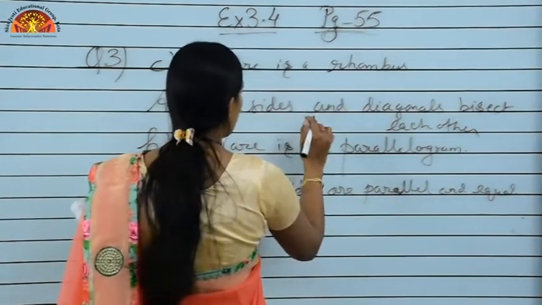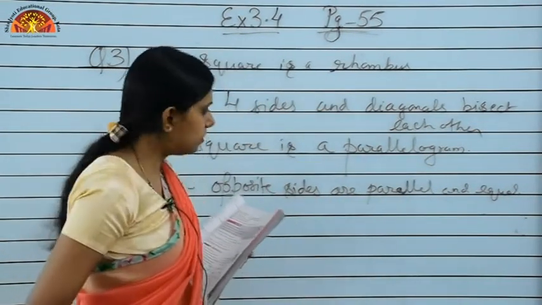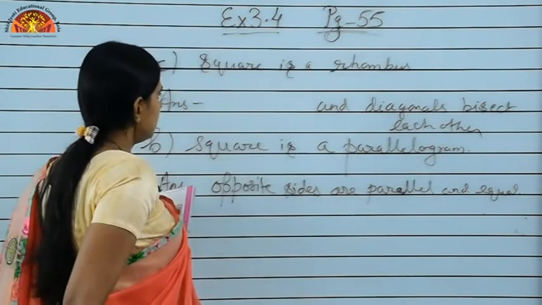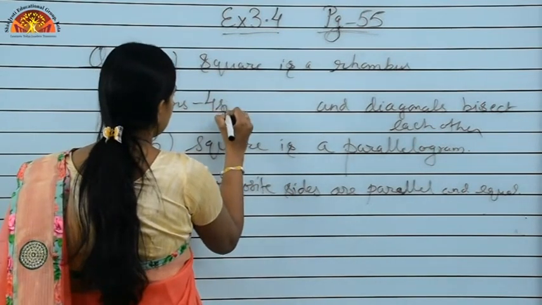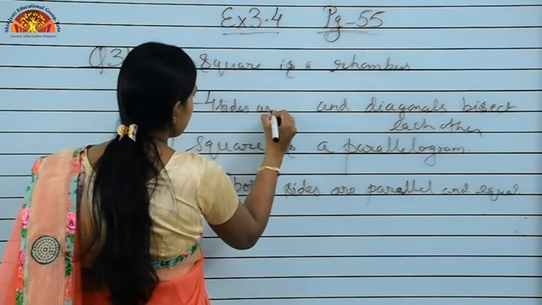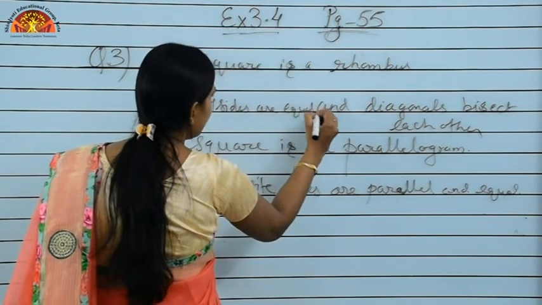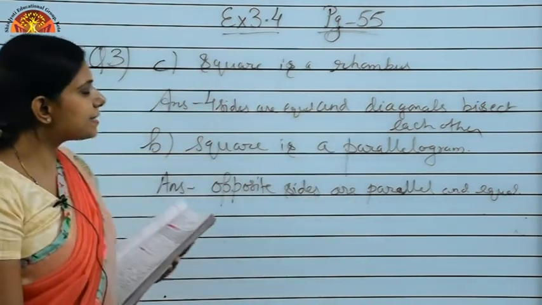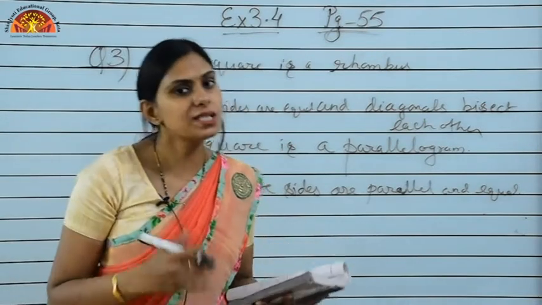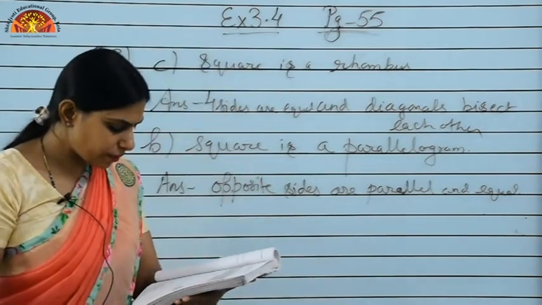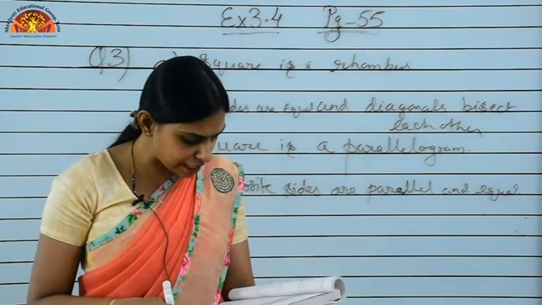That is why a square is a rhombus. Okay. Now the next part you can do by yourself.